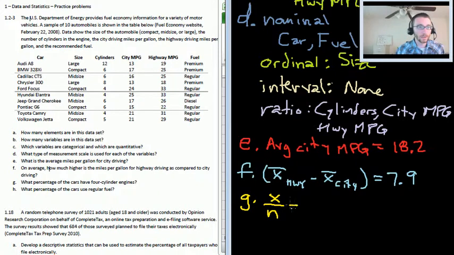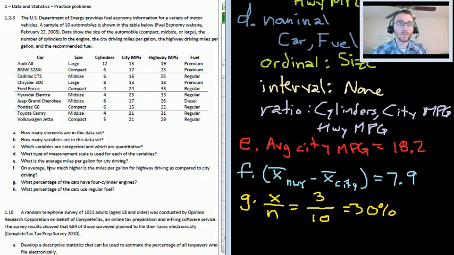We'll call that N. We already know what N is, right? There are 10 cars. So how many are there that have 4-cylinder engines? Well, I see the Ford Focus, the Hyundai Elantra, and the Toyota Camry. So that's 3. So 3 divided by 10 is 30%. Ta-da! That's how many have 4-cylinder engines.